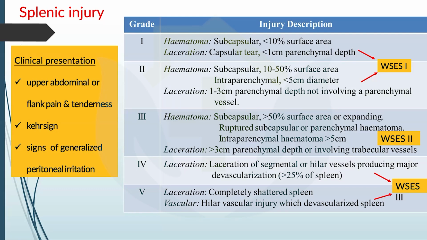Any patient who has a limited laceration, limited hematoma, no vascular injury is a low grade injury. Higher laceration, higher hematoma, but no vascular injury, intermediate. And greater laceration, significant hematoma, and any extent of vascular injury is always a severe injury, be it liver, be it spleen, and be it kidneys.